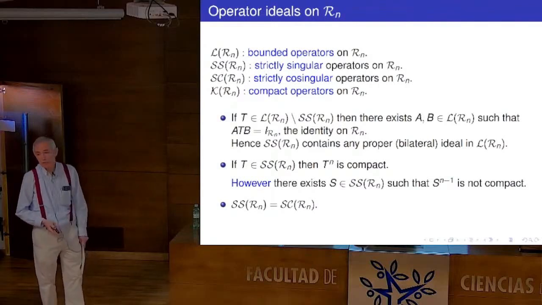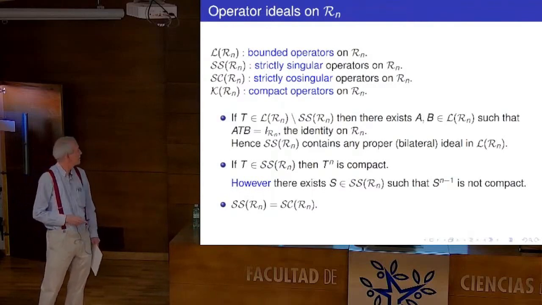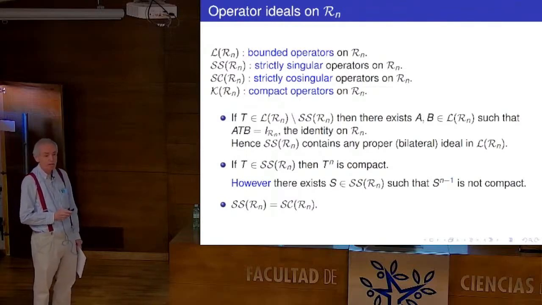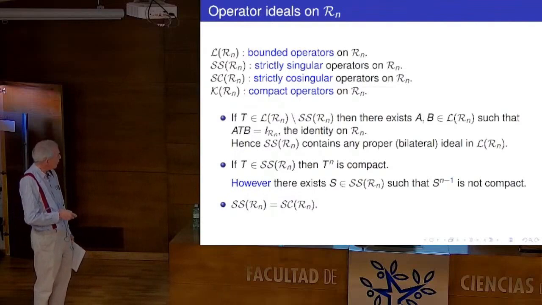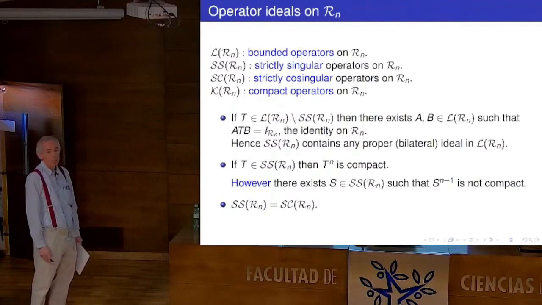So as a consequence, the strictly singular operators contain any proper ideal in the space. And this is another remarkable property: if you have a strictly singular operator in Rn, then the n-th power of this operator is compact. However, we can find a strictly singular operator in Rn so that the (n-1)-th power is not compact.